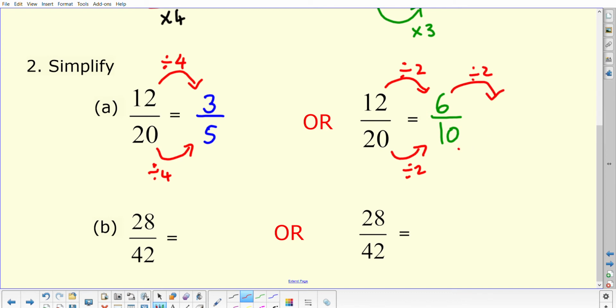The aim is to get down to a point where there are no other common factors. You can't go any further. So if we divided by 2 again, we would end up with 3 over 5, and there's nothing else that we can divide into those to make it any simpler. So 3/5 would be the most simple fraction we would be looking for there.